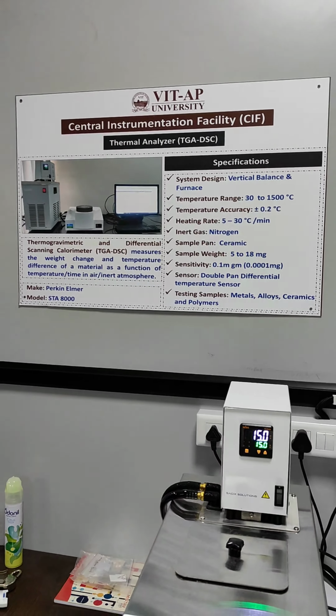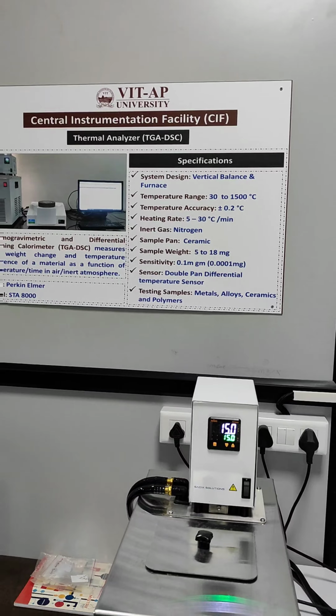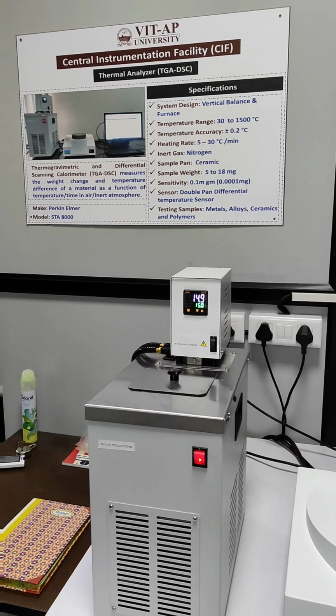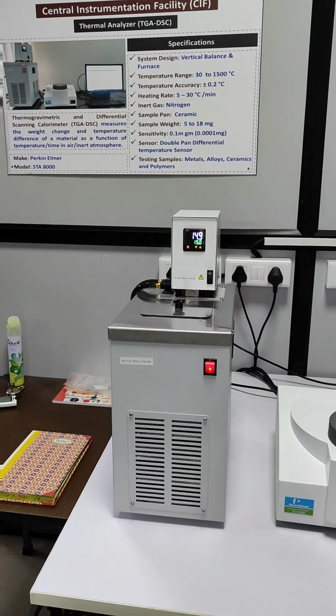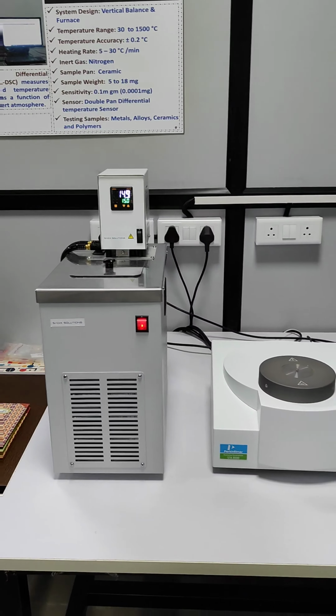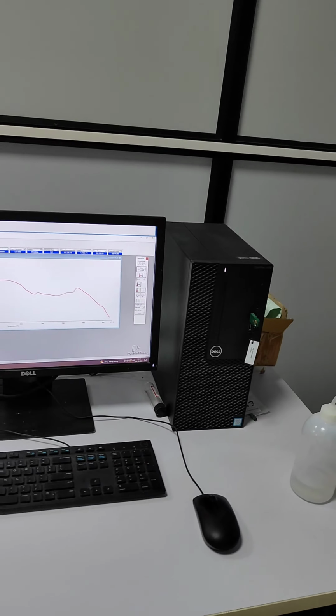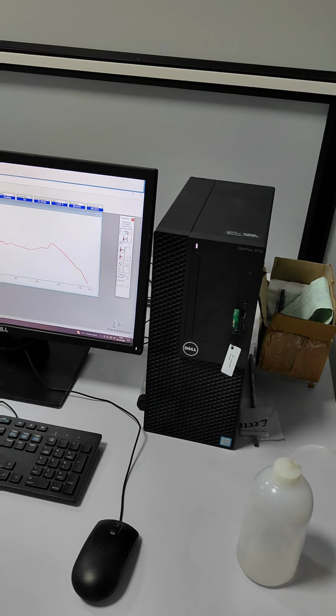This is TGDSC, thermogravimetric analysis and differential scanning calorimetry.